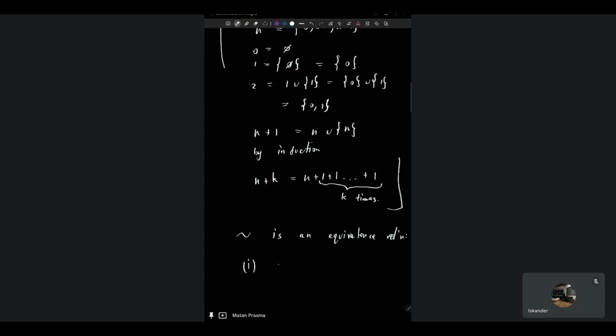I mean, A comma B is always equivalent to A comma B for any element A comma B in the set X. I remind you the set X is simply N, the Cartesian product with itself.